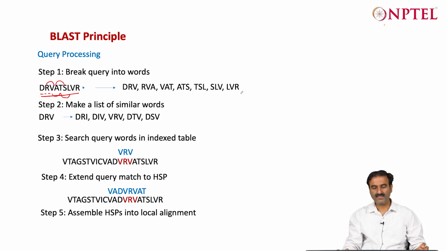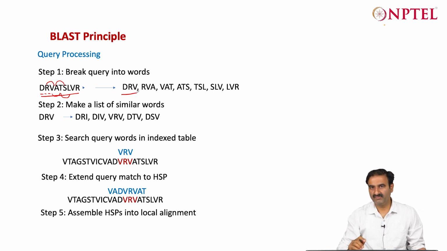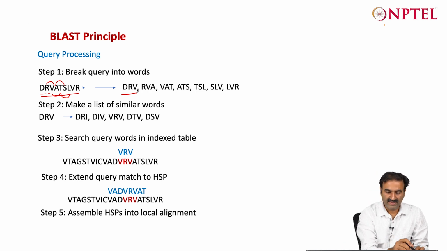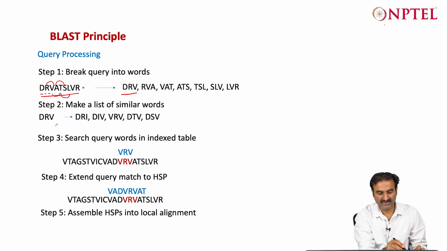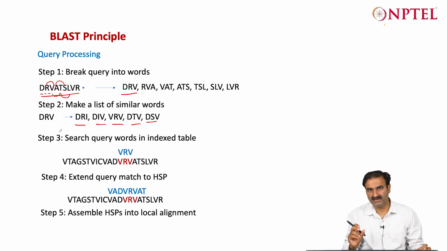Now for each of these words that we have broken, we will make a list of similar words, replacing each position by all the 20 amino acids. So we will have a list of words for each word. Like DRV can be DRI or DIV or IRV. All possible 20 amino acids can be replaced at the 3 positions in that seed.